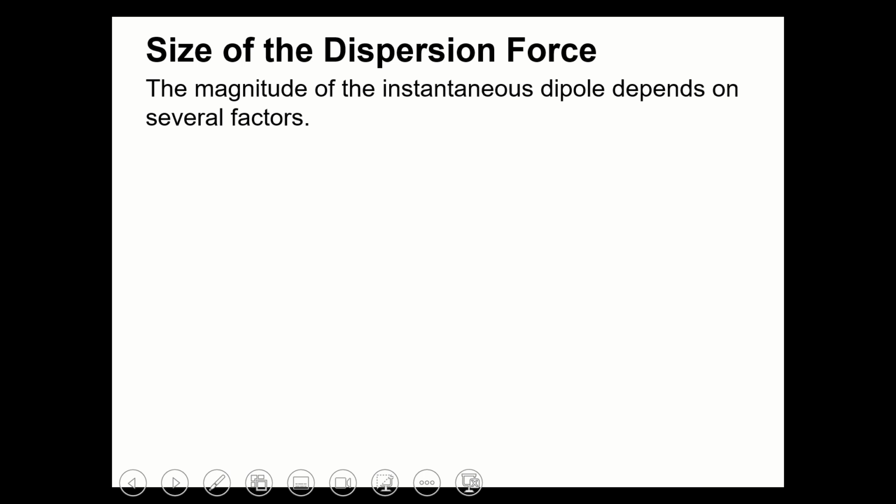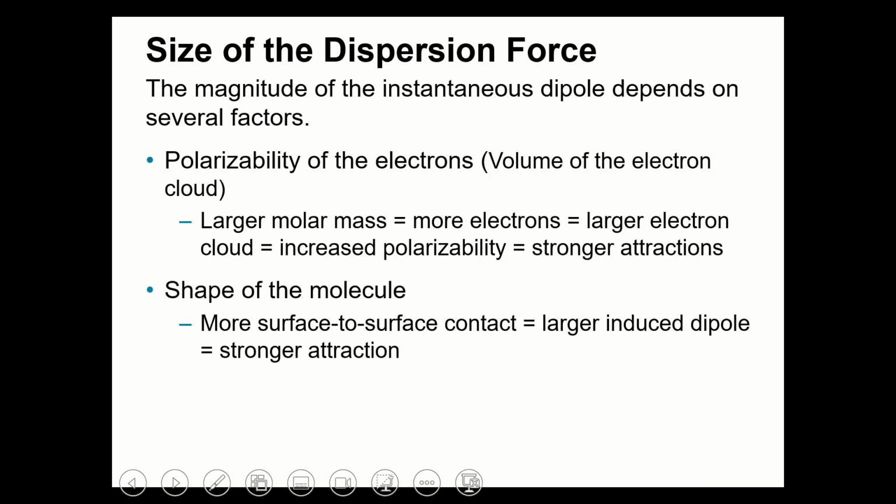Temporary dipole moments. Now, the magnitude of your dispersion forces depends on several factors, and the two that we're going to talk about are polarizability and shape. Polarizability is basically talking about the flexibility or the squishiness of your atom or your molecule, right?